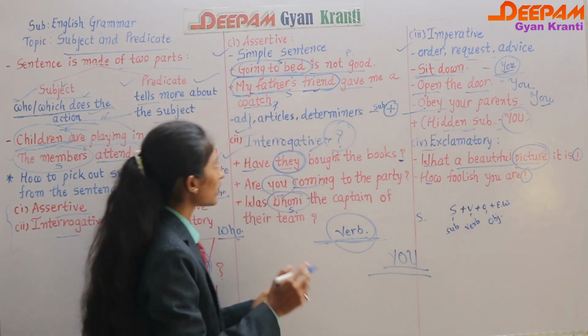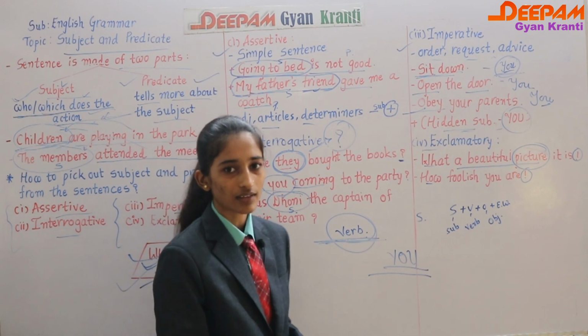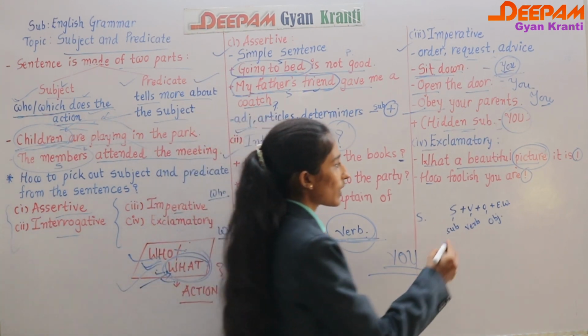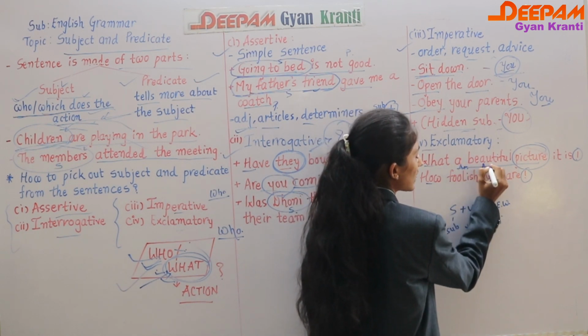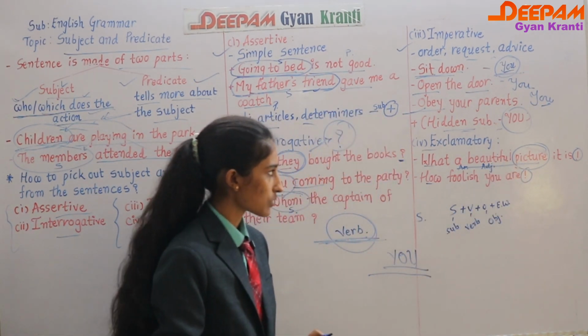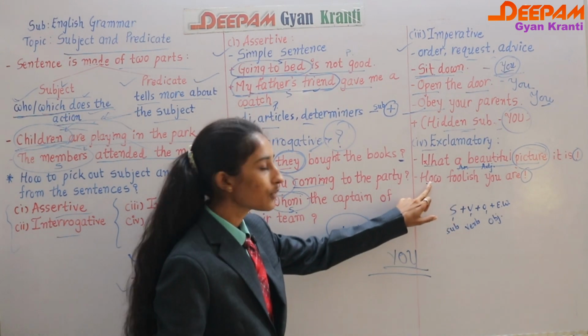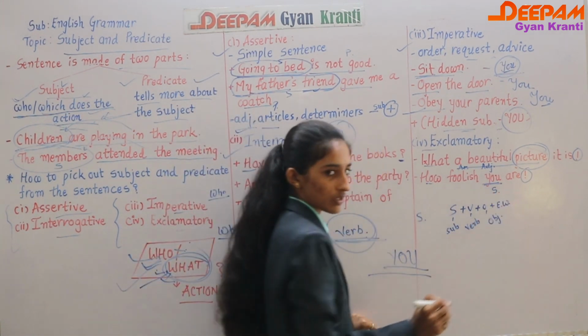But I told you that if any adjectives, articles or determiners are there, we have to consider them as part of the subject. So we have to add them here, because a is an article and beautiful is an adjective. So a beautiful picture, that is your subject. Then how foolish you are means who is foolish? You are foolish. So you is the subject.